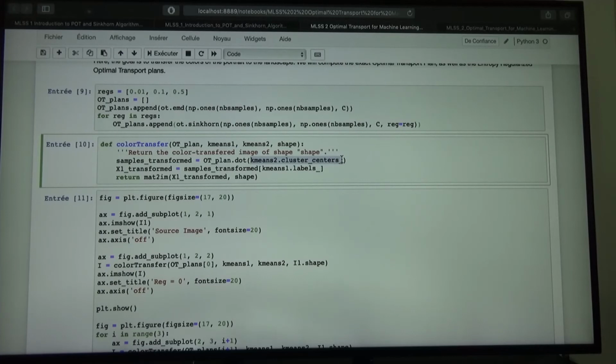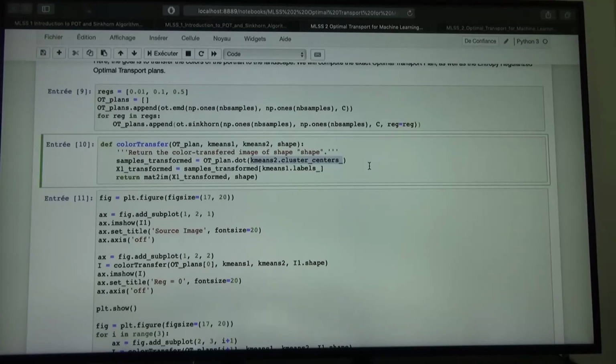So those are the centroids of the second image. And now the first centroid of the first image is mapped according to the first line in the matrix OT plan, right? For your transfer plan, the first line tells you where your first point is getting mapped to, okay?